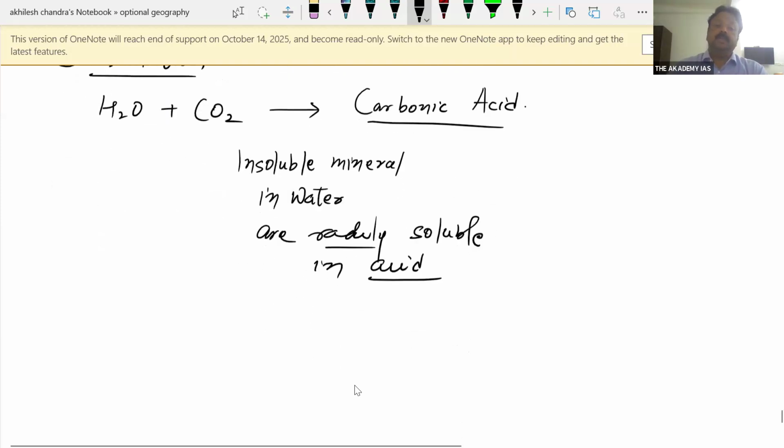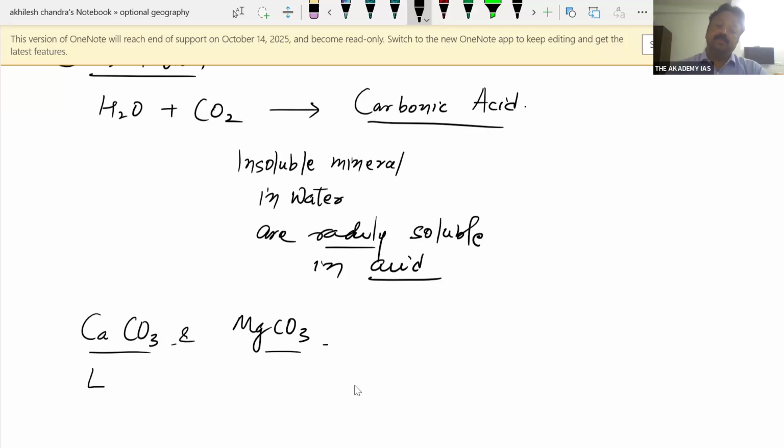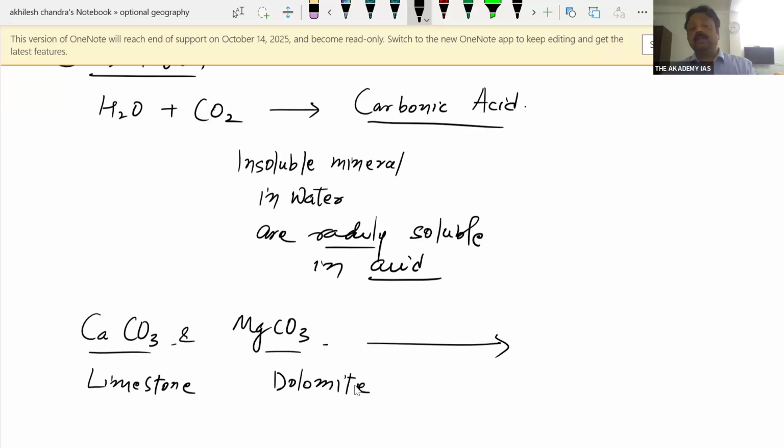Not only this, it changes calcium carbonate as well as magnesium carbonate. These are the limestone and dolomites. In presence of carbonic acid, they are going to change into their bicarbonates.